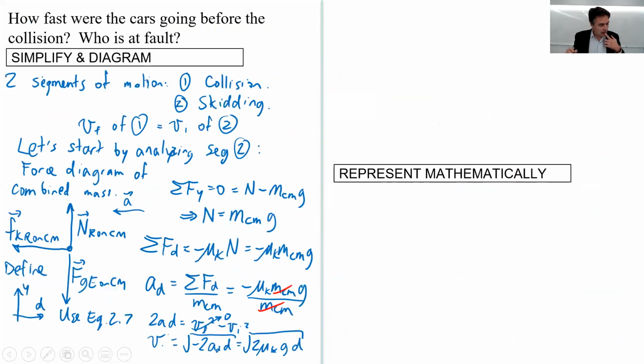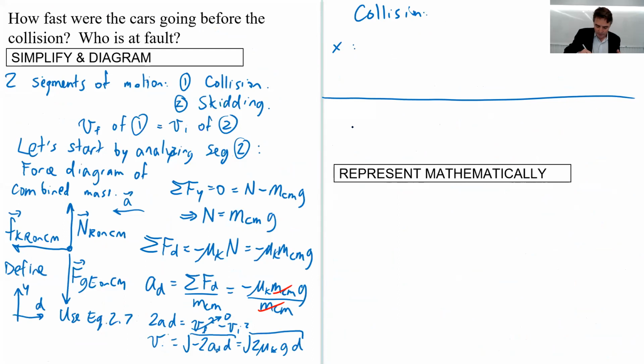So now we have this collision, the second segment, which is going to have two things: the x and the y. The x is that p initial x plus the impulse equals p final x.